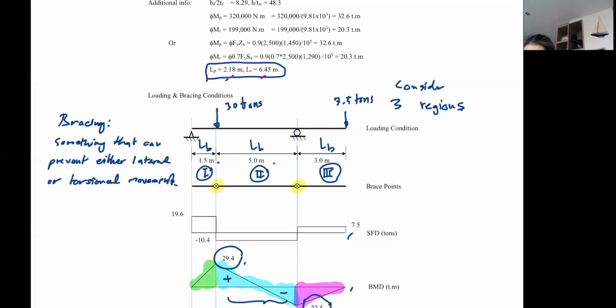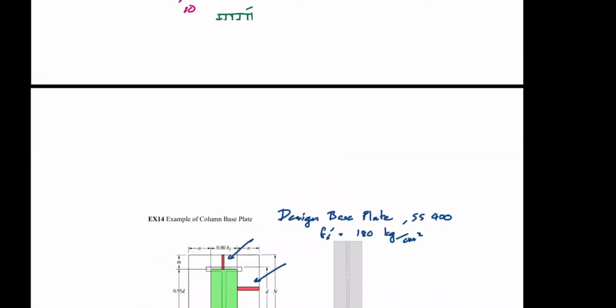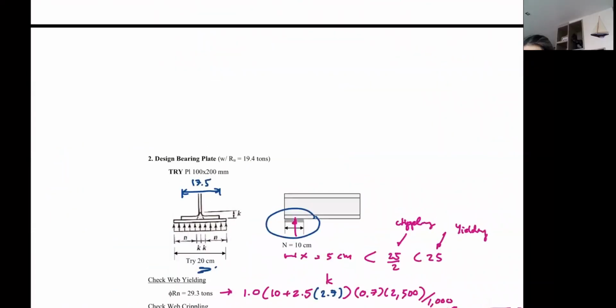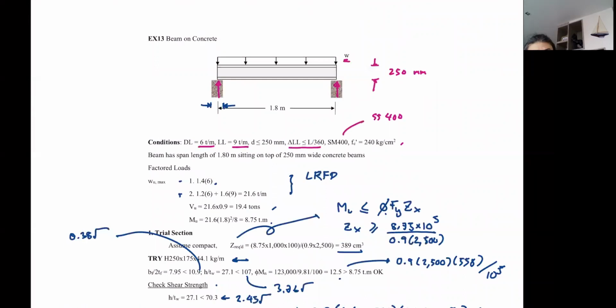But if you place the beam on concrete, let's say you have this example from last week: place the beam on the support like that, say this is on the base plate, and the base plate is welded to the beam, and then the base plate itself is connected to the concrete by means of anchor bolts.